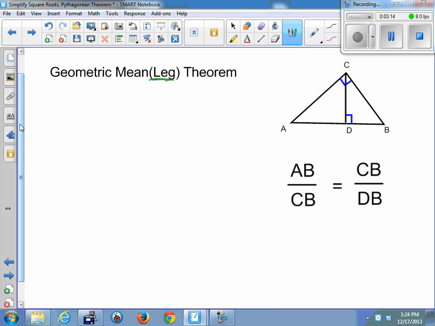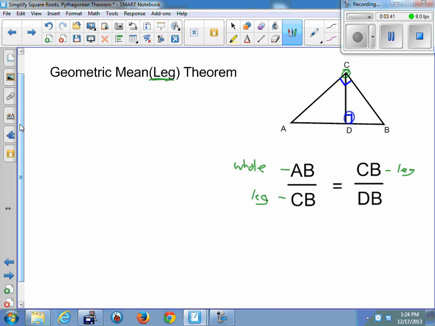The altitude always has that 90 degrees there, and it's coming from the vertex, which is the 90 degrees. Now in this case we have AB. AB is the whole thing, so it's a little different than last time. The whole thing over CB and then CB. CB is a leg. This is a leg as well. So we're using that same leg.